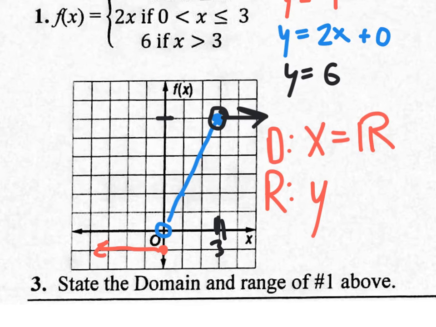So what could we say? Well, we could say that your y values will be above 0 but below 6. Does that make sense? Here's 6, there's 0 in terms of y. So your y values are all going to be in between 0 and 6.